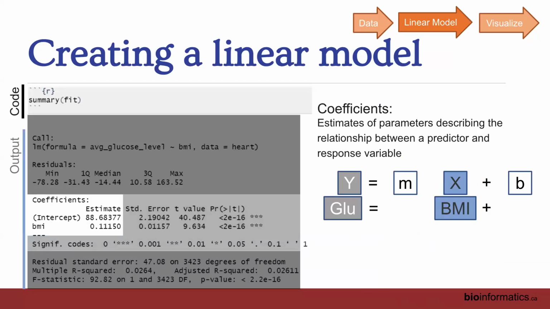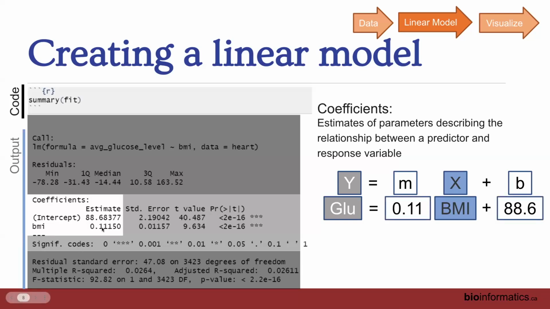The coefficients are what I was talking about in the previous slide, mx plus b. So we have mx plus b, glucose as a function of BMI. So we can say here, what is the coefficient that is modifying BMI? That would be this, 0.11.